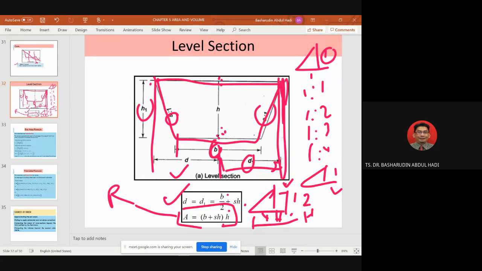And then H, this one, and times in bracket again H. So H is the height of the slope from the original ground to the proposed line you want to build up the highway. So that is the formula you should remember: area equals, in brackets, B plus SH, close the bracket, times H. You must remember this one.